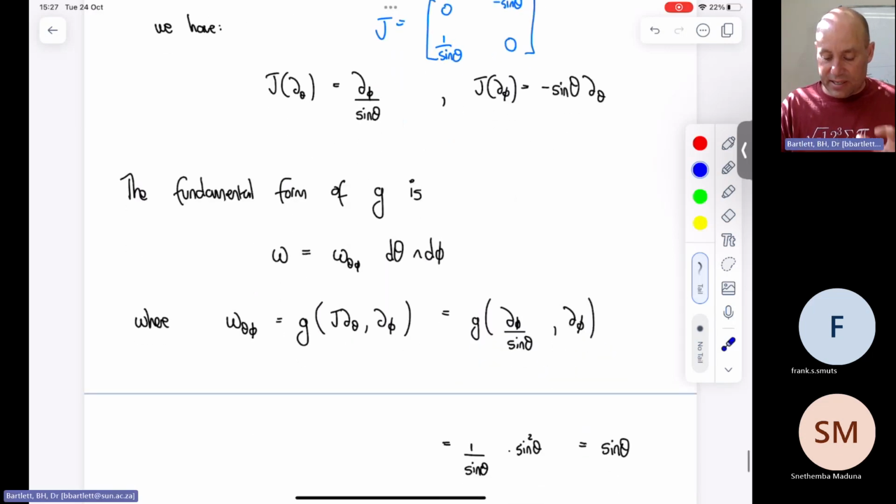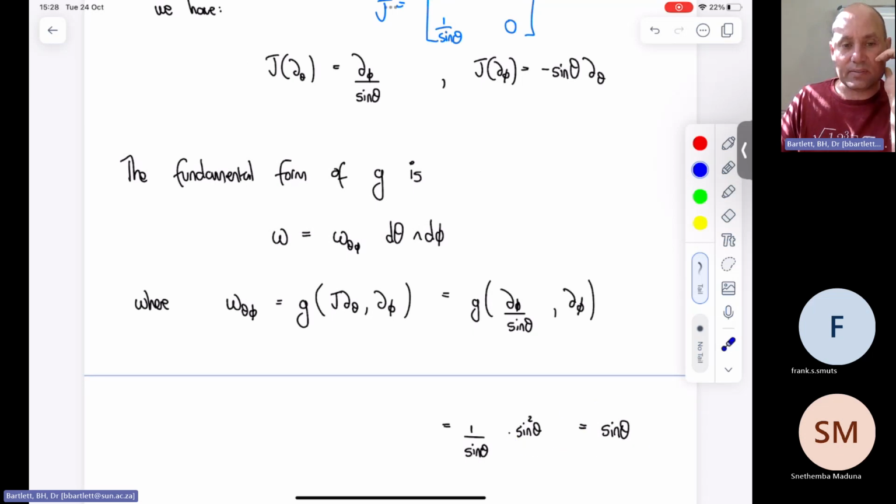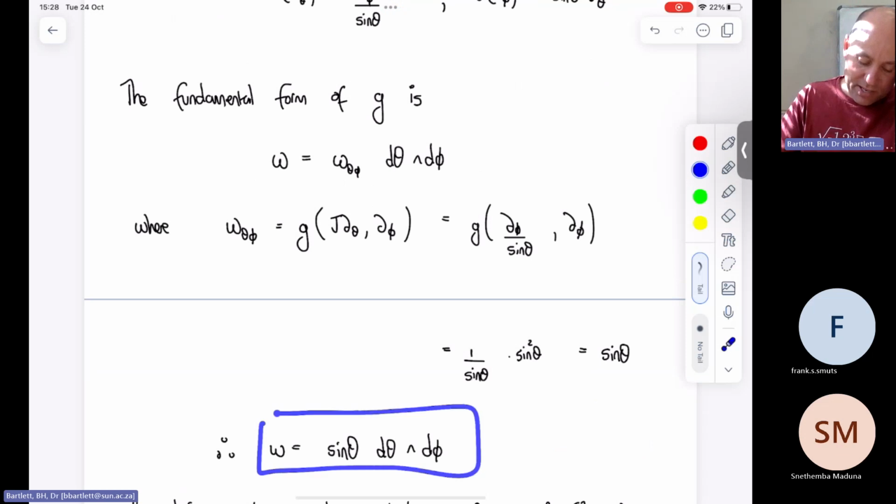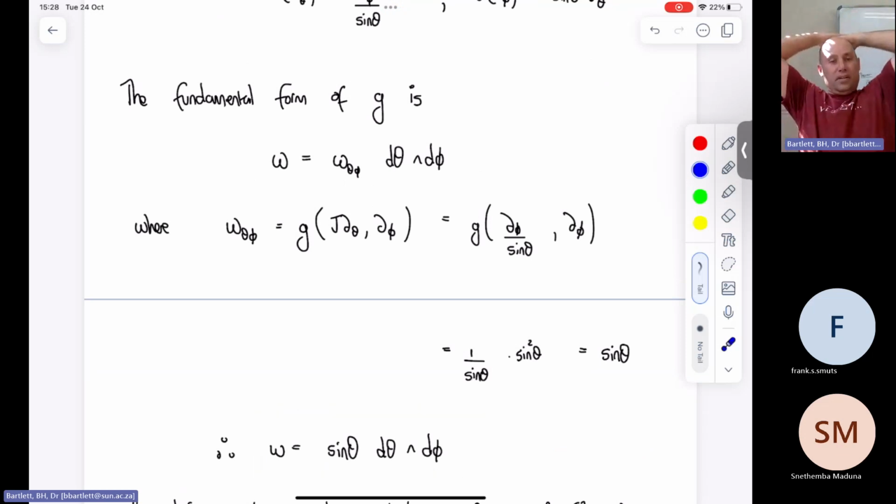So I've got to calculate that. Sine theta comes out, and g of del phi with del phi is sine squared theta, so I get sine theta out. So in other words, my fundamental form of the Riemannian metric is going to be sine theta d theta wedge d phi in these theta phi coordinates.